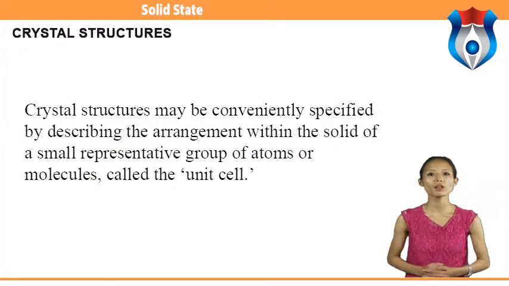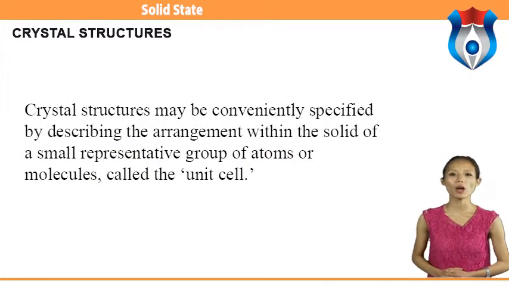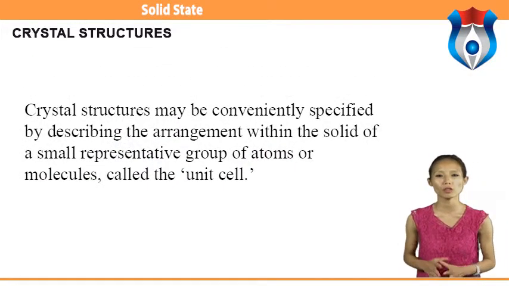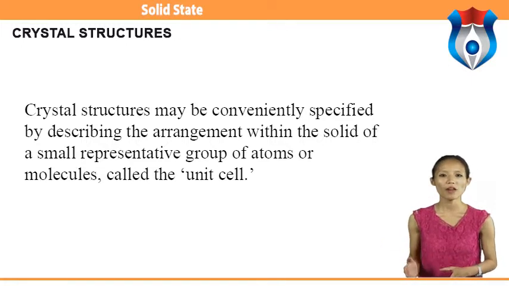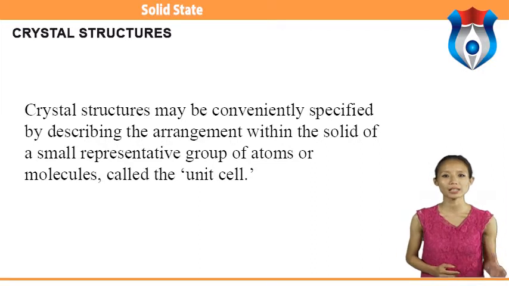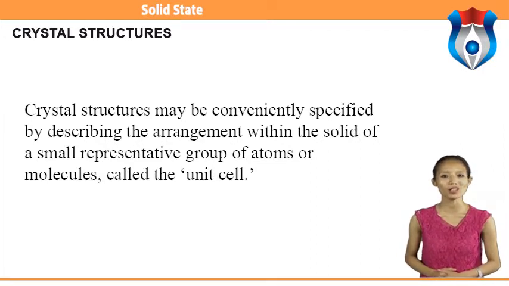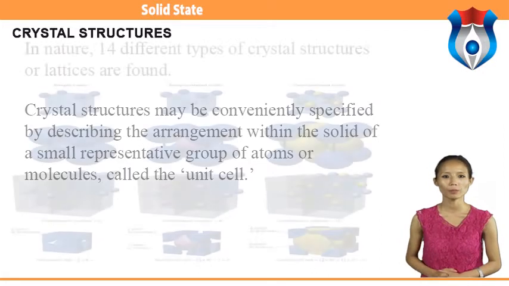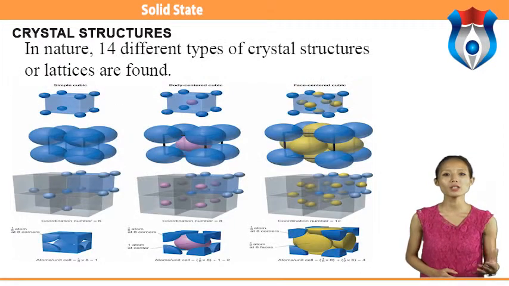Crystal structures may be conveniently specified by describing the arrangement within the solid of a small representative group of atoms or molecules called the unit cell. By multiplying identical unit cells in three directions, the location of all the particles in the crystal is determined. In nature, 14 different types of crystal structures or lattices are found.